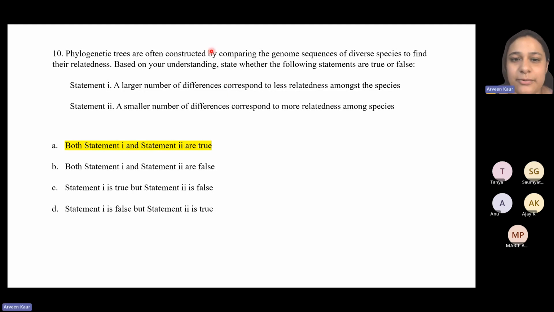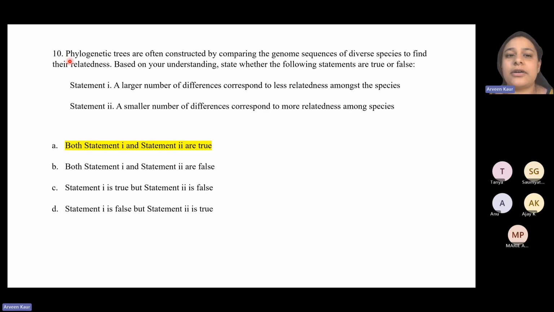Over here, what the question asks is whether phylogenetic trees are constructed using these principles or not, right? Whether it is true when we are constructing phylogenetic trees. In general, both the statements may or may not be true.